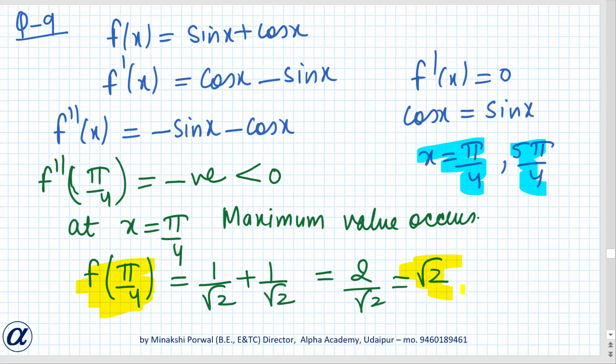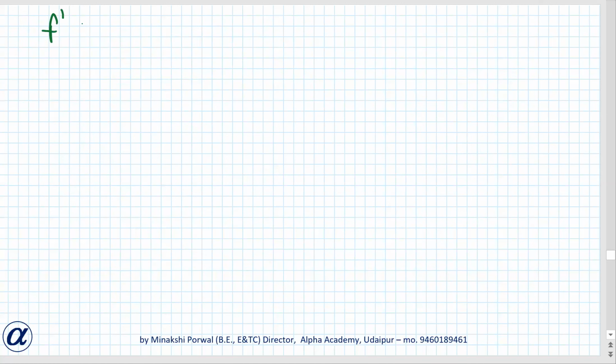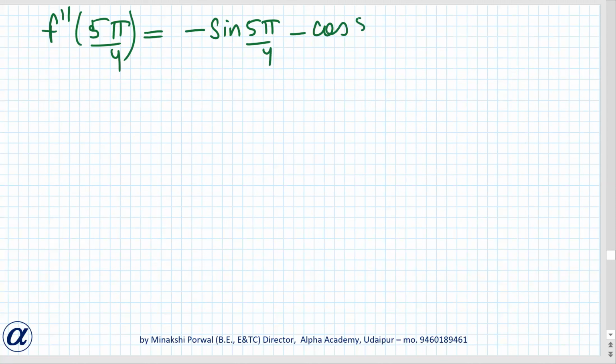Or we can check 5 pi by 4 anyway. So f double dash x at 5 pi by 4 is minus sine of 5 pi by 4 minus cos of 5 pi by 4.